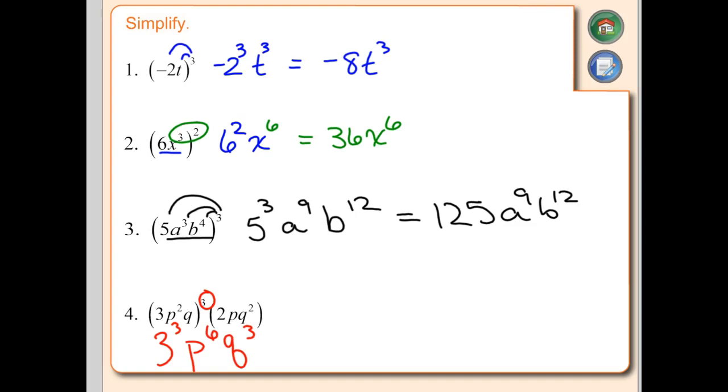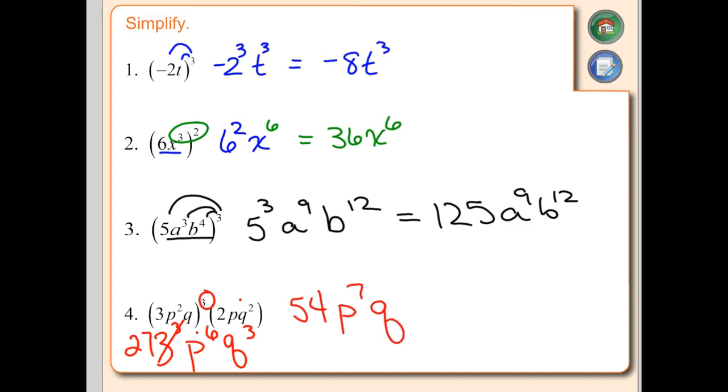Now, what's 3 cubed? Well, 3 cubed is going to be 27. I'm going to push that out of there. So now we can multiply. What's 27 times 2? Okay, 27 times 2 is 54. We've got p to the 6th and p, which gives me p to the 7th.